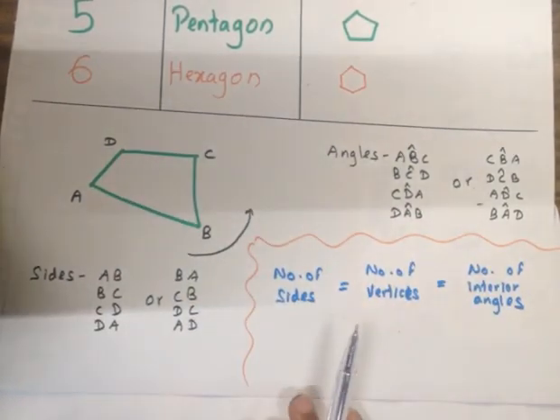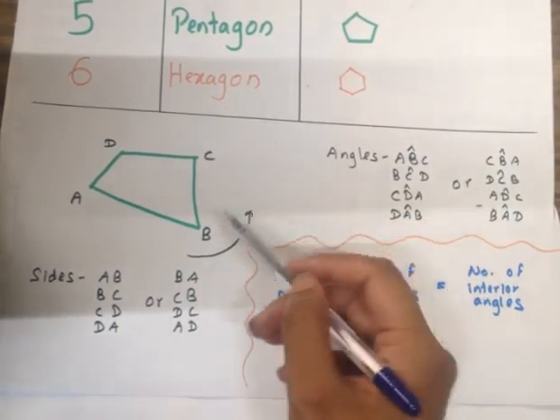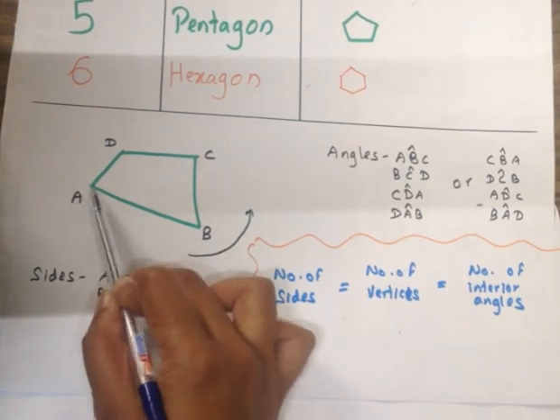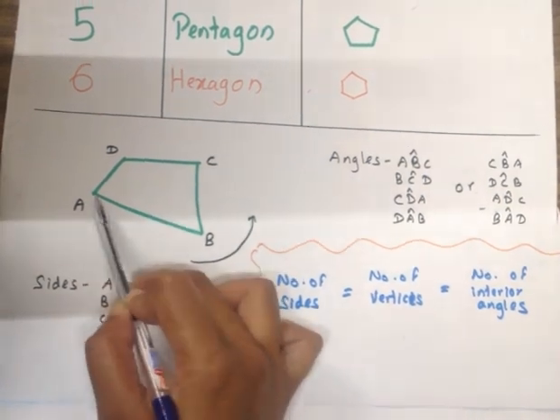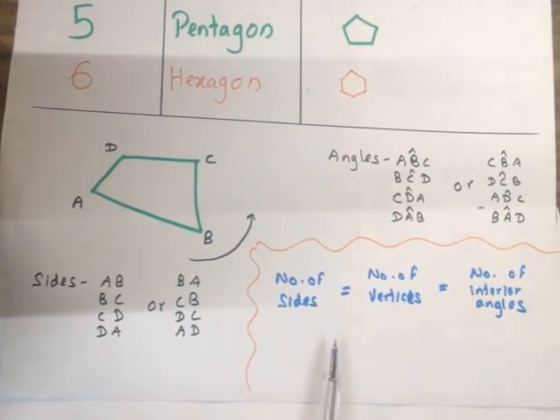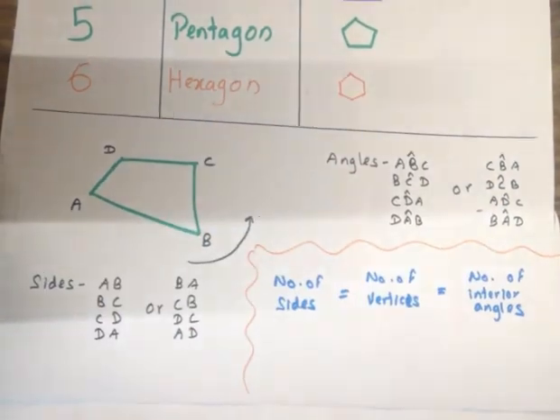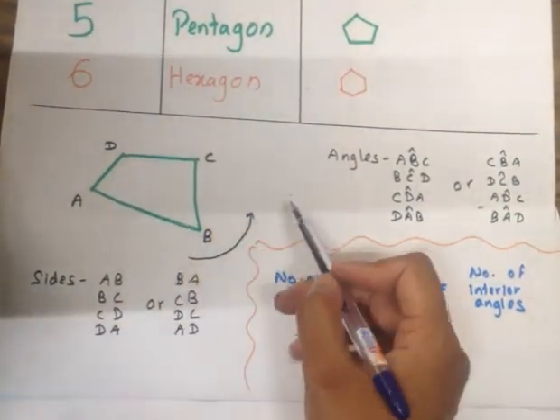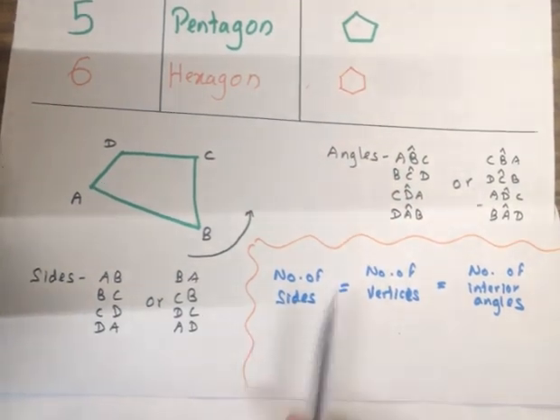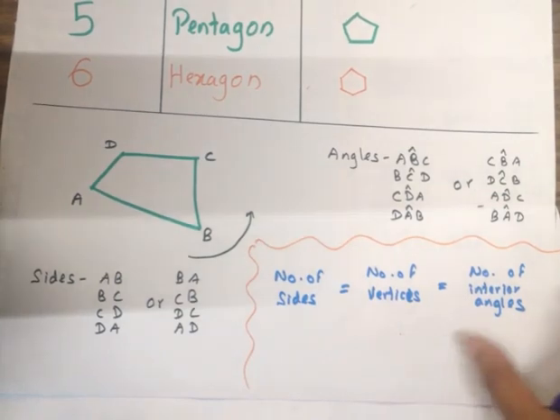Also keep in mind, when naming a polygon, just start with the extreme left column. Place the first letter here and start naming it from there onwards in the anti-clockwise direction. Don't do it in the clockwise direction, because the standard is to name it in the anti-clockwise direction. So this is A, B, C, D. I have named it so.